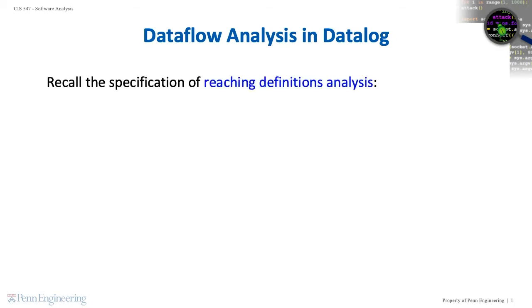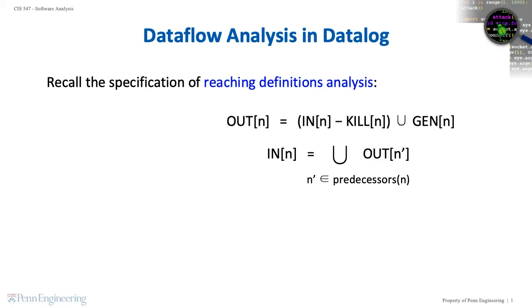The specification of reaching definitions analysis is as follows, where kill of n is the set of definitions killed at program point n, gen of n is the set of definitions generated at program point n, and predecessors of n is the set of program points that immediately precede program point n in the input procedure's control flow graph.